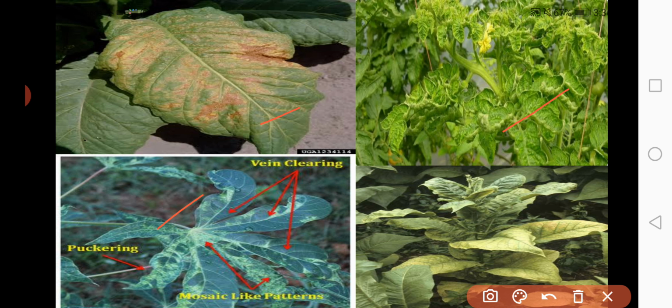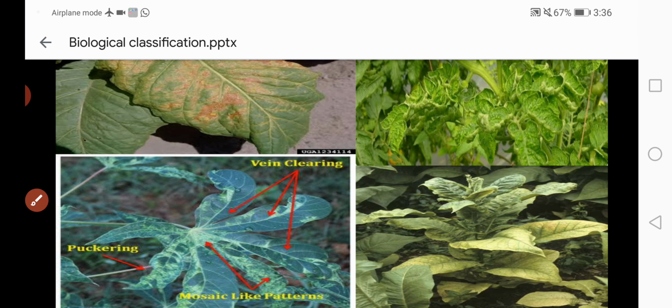And stunted plant growth means the plants show reduced growth during viral diseases. So reduced plant growth is called stunted plant growth or dwarfism. So these are the plant diseases caused by viral particles. Am I clear?